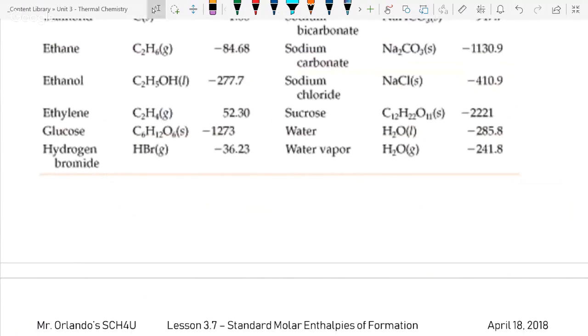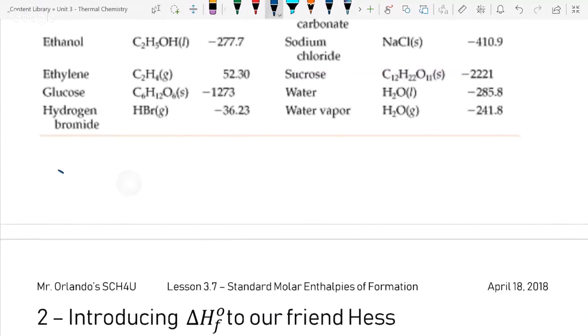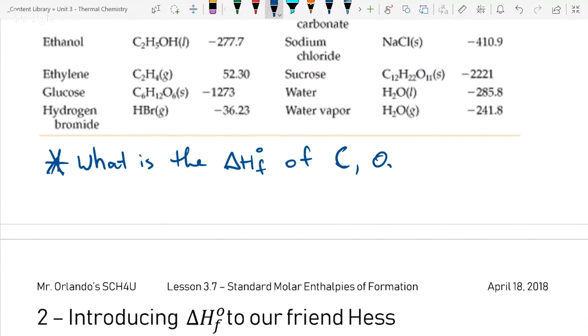On a side note, what is the delta H naught F, the formation enthalpy, of carbon, or O2, or H2, or iron? Any of these things.